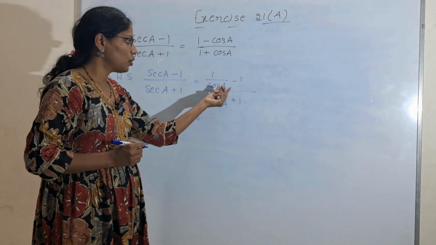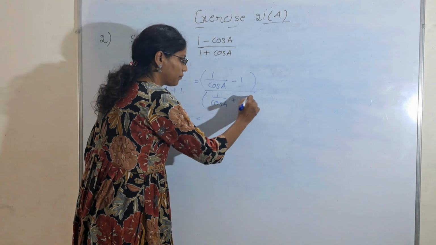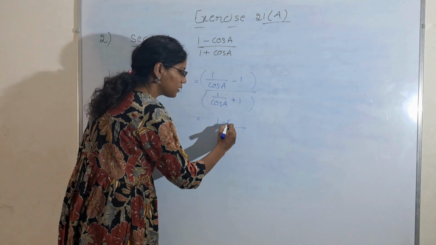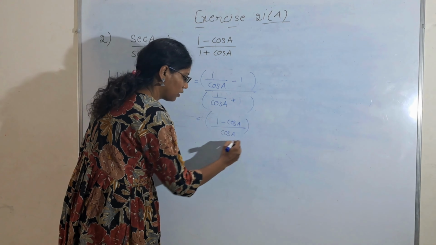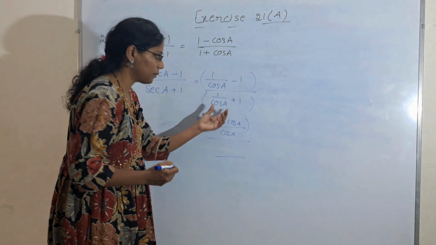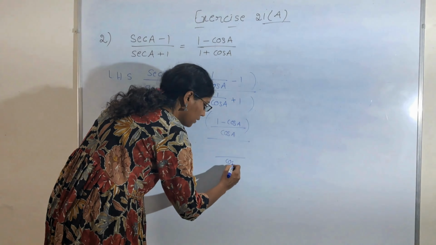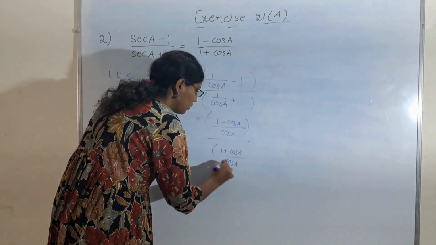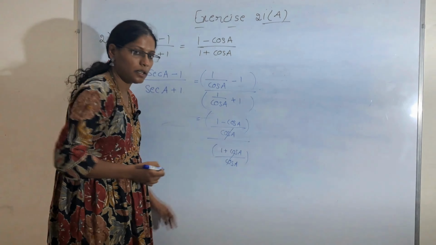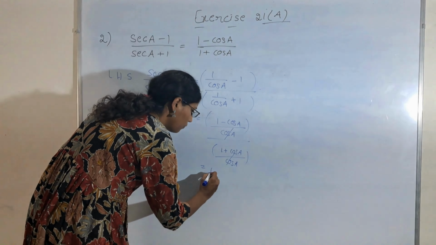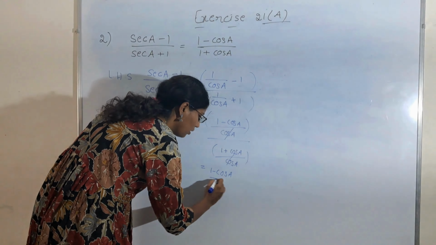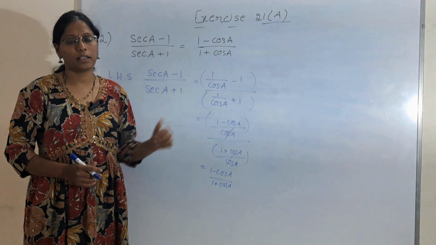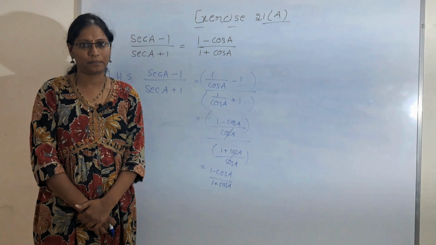In the numerator we have to take the LCM: 1 minus cos A over cos A, and 1 plus cos A over cos A. The denominator cos A cancels. Remaining is 1 minus cos A by 1 plus cos A. This is our RHS. LHS is equal to RHS and proved.